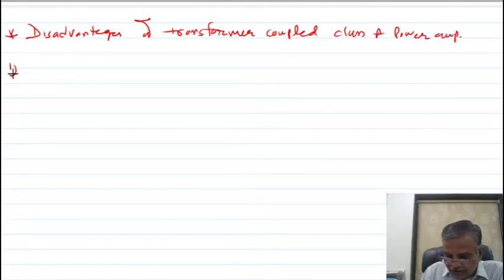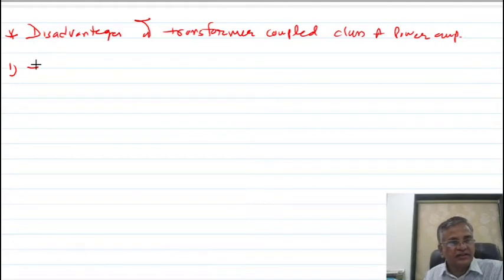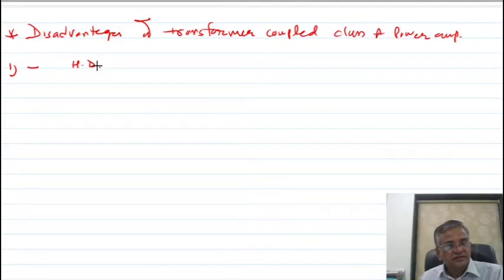The first disadvantage is harmonic distortion. Second order harmonic distortion is large, and second order harmonic distortion is more objectionable from the listening standpoint. So this is called a drawback, or disadvantage, of transformer coupled amplifier.